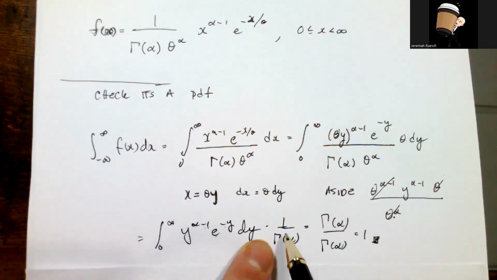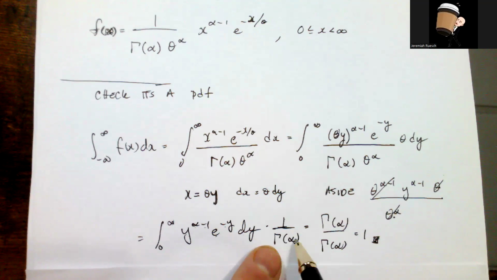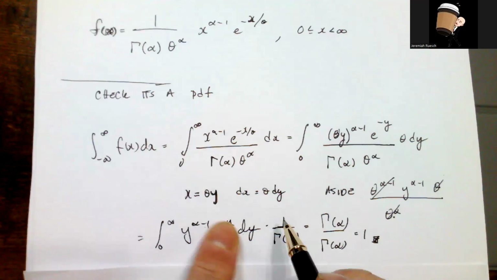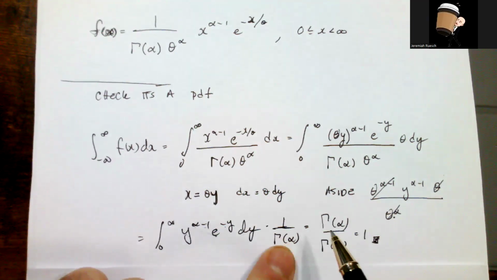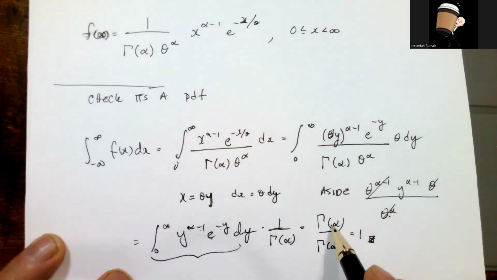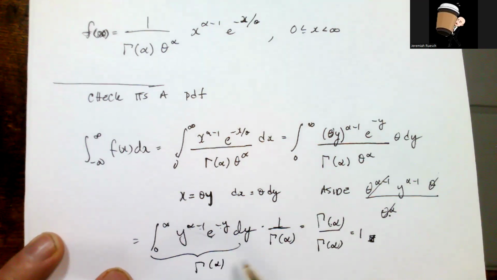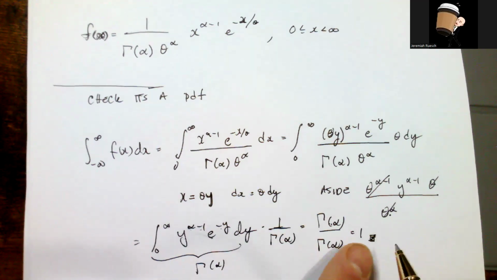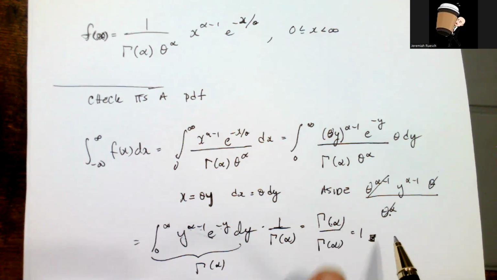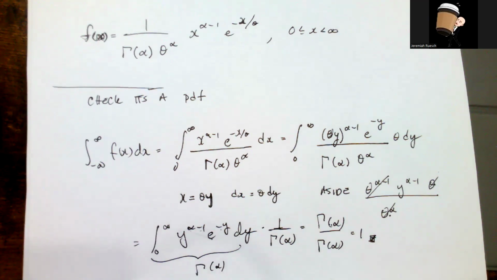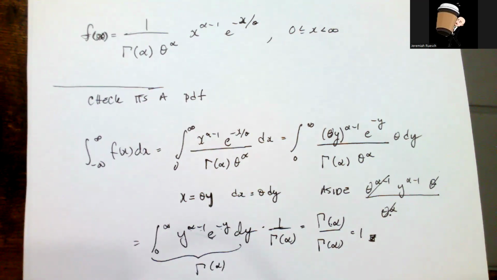The gamma of alpha in the denominator is a constant with respect to integration, so I can pull it out in front, or I can compute this and then divide by it. What you see is that the integral is exactly gamma of alpha. So we have gamma of alpha divided by gamma of alpha, which means that when you integrate over all space for this PDF, the total probability is 1. So it definitely satisfies the properties of a PDF.